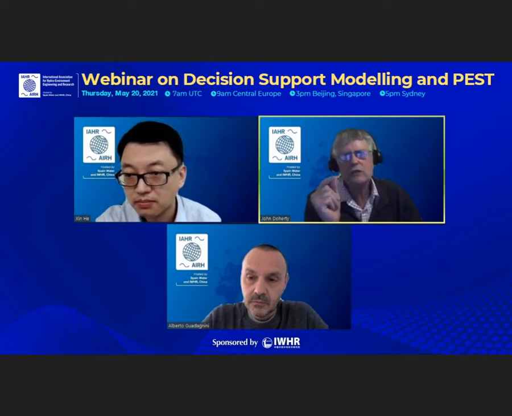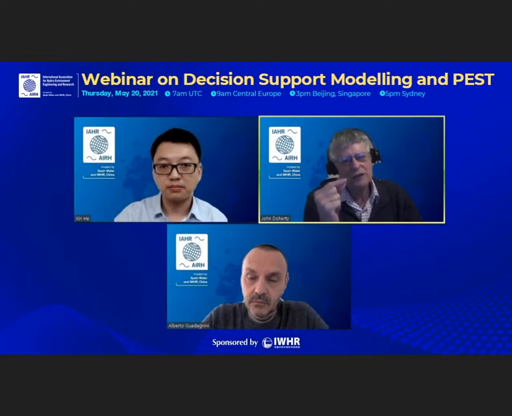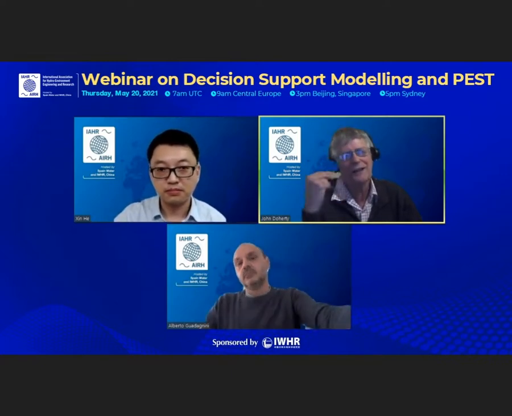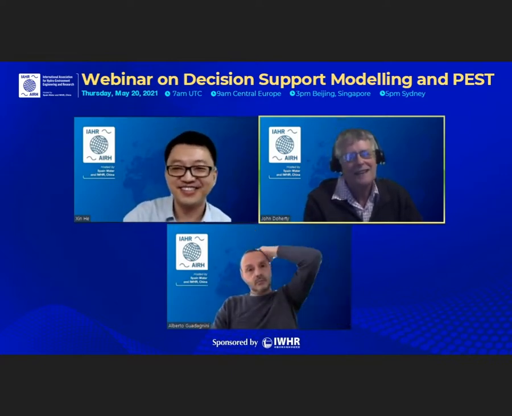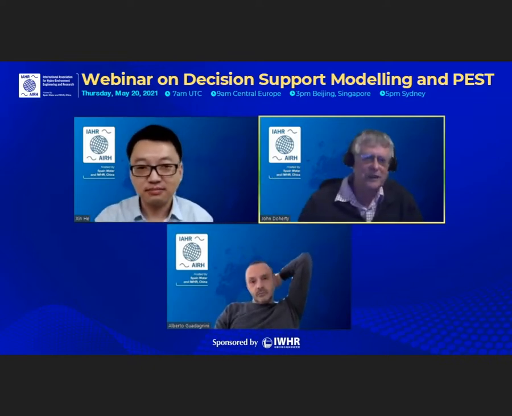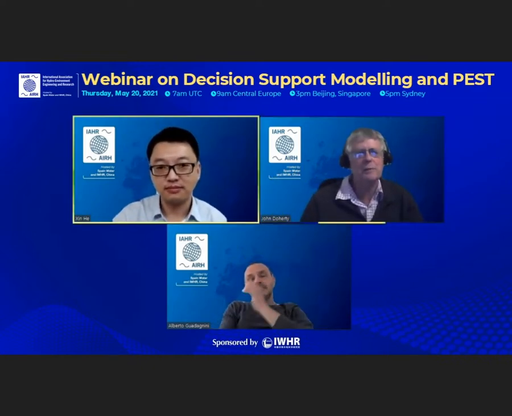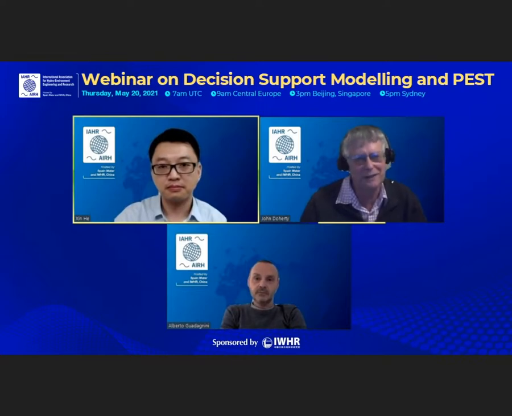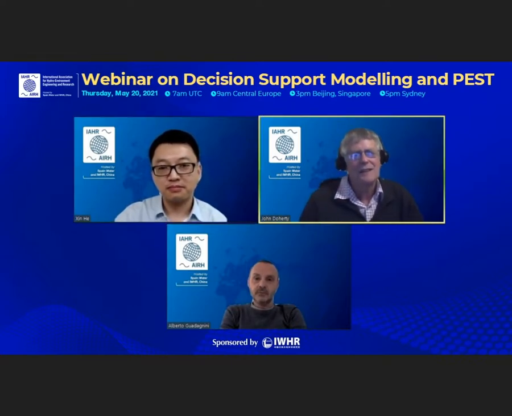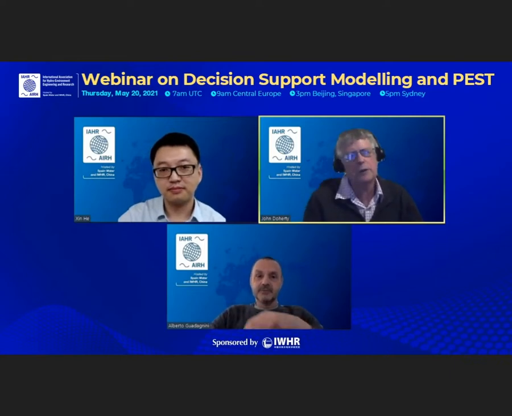Well, the first option is to give up. The second option is to continue the charade, calibrate it somehow and then deliver it and pray that people don't actually use it to make a decision. The third option is you can try to use PEST. You can parallelize model runs.